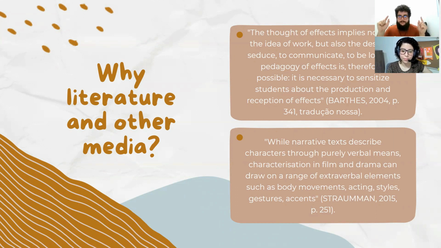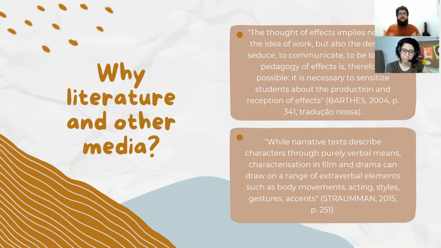Having that in mind, we can also go to Barbara Stroman when she discusses the differences between dramatic texts, movies, and verbal language itself. She emphasizes how those different types of texts and media use different tools.